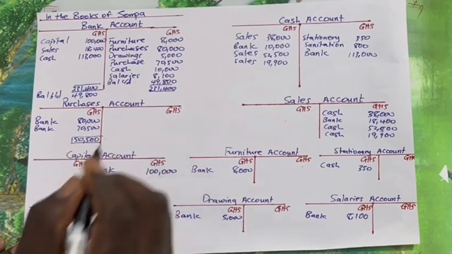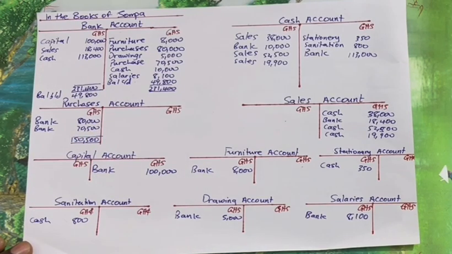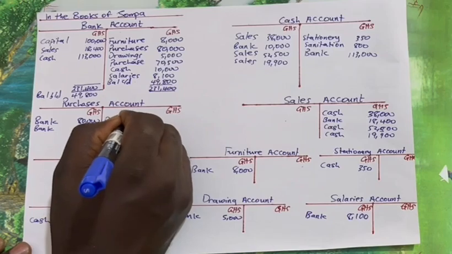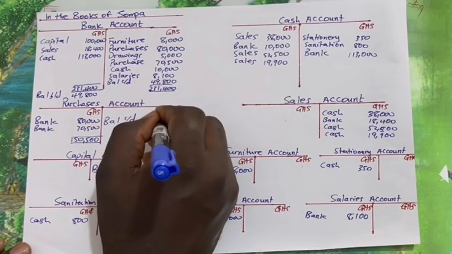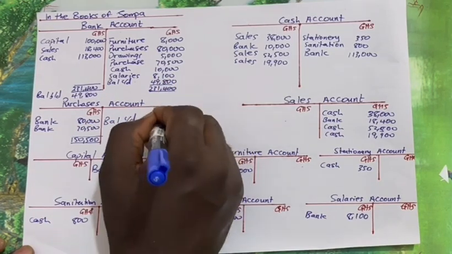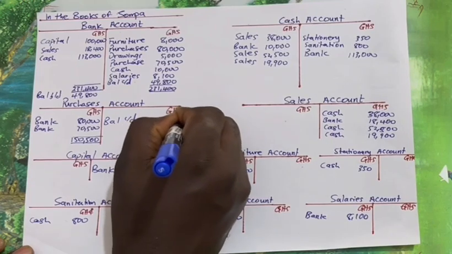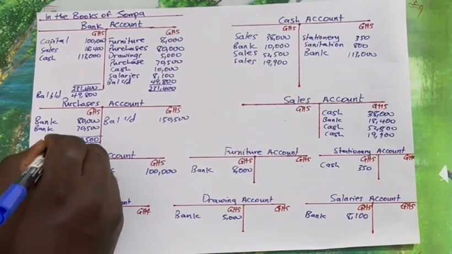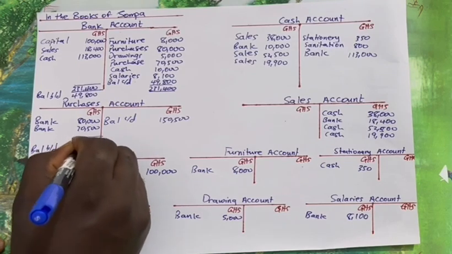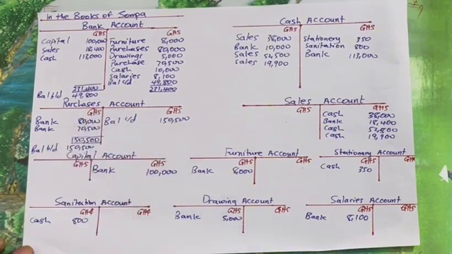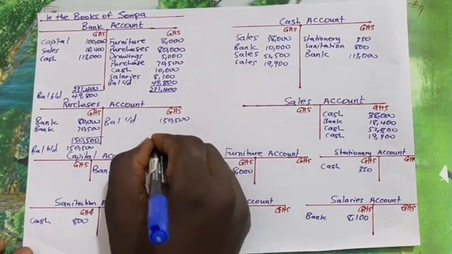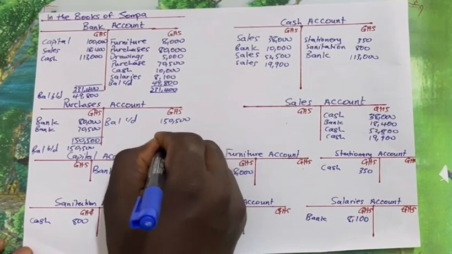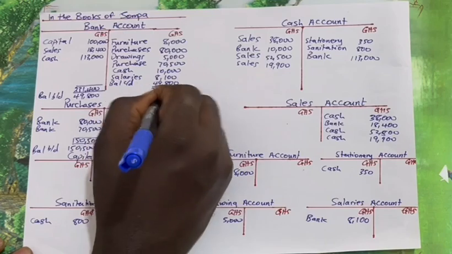You can punch it on your calculator to confirm. This is the total. So the balance CD, the carry down here, will be 150,500. So the balance BD here is 150,500. Do we get it? So this is the total, 150,500. We close it.